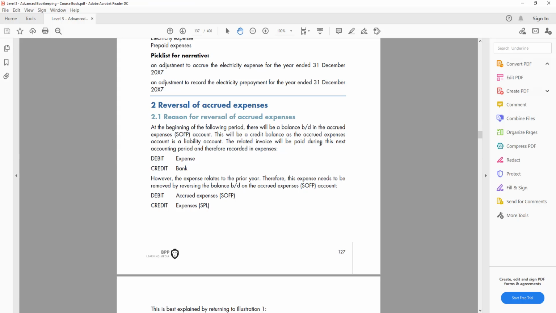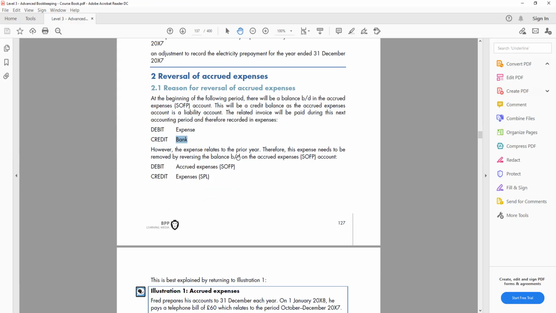The related invoice will be paid during this next accounting period and therefore recorded in expense. So next accounting period, I will pay that liability that came from the previous period, and I will claim it as expense. Obviously, the expense will be debit and the bank will be credit. However, the expense relates to the prior year, therefore this expense needs to be removed by reversing the balance BD on the accrued expense in the statement of financial position, and the journal will be accrued expense debit and expense credit.